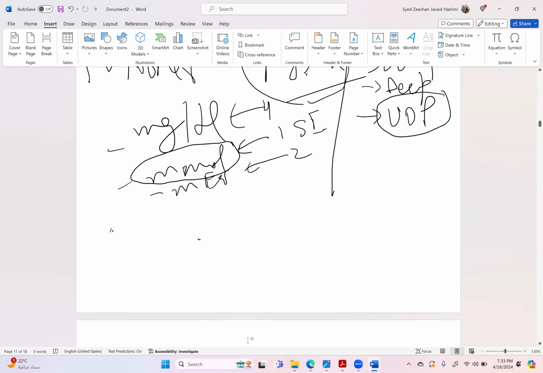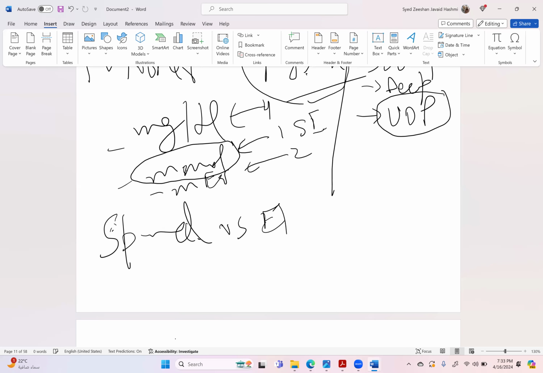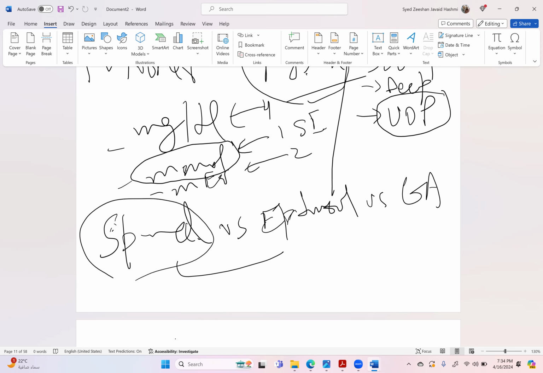Remember one thing: you should be very clear about spinal versus epidural versus GA. Okay. If you ask me, all three have problems. Nothing is safe. With reference to bleeding, spinal is better than epidural because the spinal needle is thin. So if you have any doubt, it is better to have spinal. If you think about hemodynamic instability, epidural alone or epidural with GA is better for control of the hemodynamics.